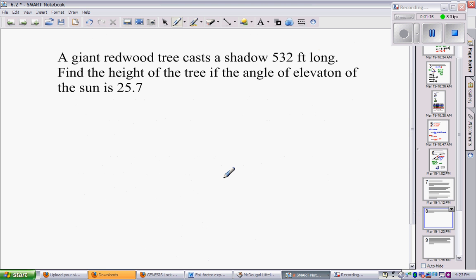So our first word problem: a giant redwood tree casts a shadow 532 feet long. Find the height of the tree if the angle of elevation of the sun is 25.7 degrees. Okay, so let's draw a picture. Here's land. We have a tree.